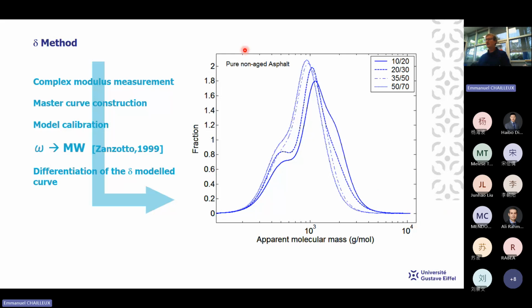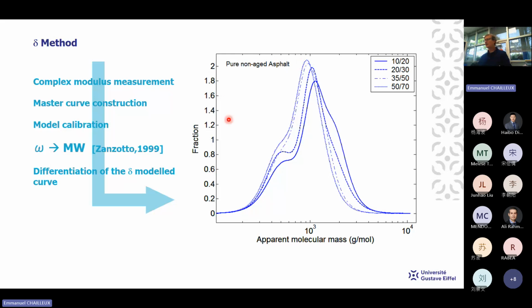Here, these molecular distributions are calculated for a very hard bitumen and for several bitumens of different penetration grades from 10/20 to 50/70, and you can see that the harder bitumens have the highest molecular weight, and the soft bitumen 50/70 has the lowest molecular weight.